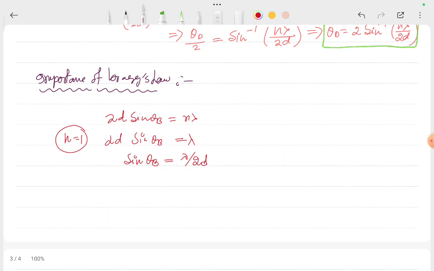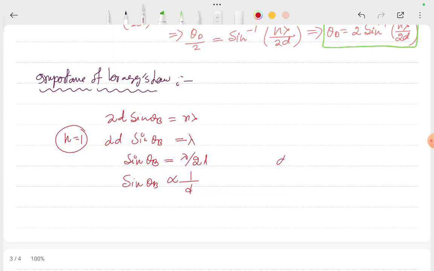Here lambda is constant for a particular X-ray. So sine theta b is directly proportional to 1 upon d.